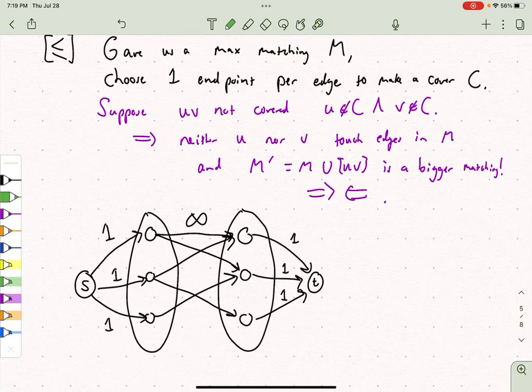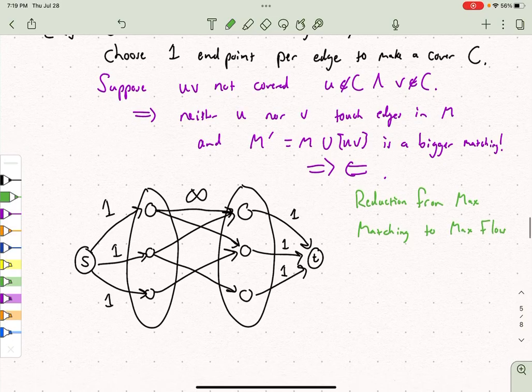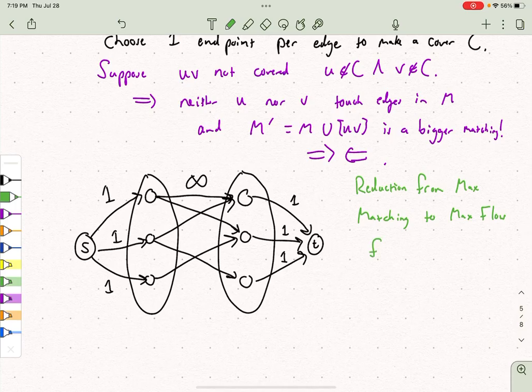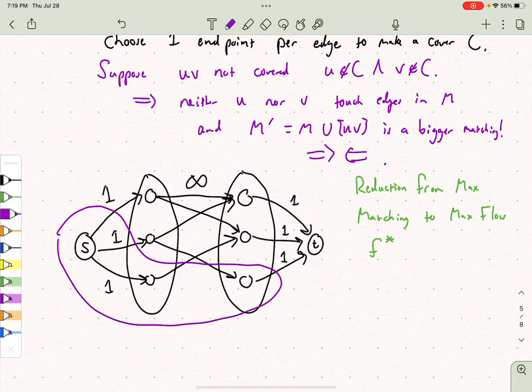All right, so this is the reduction from max matching to max flow. And we can compute some max flow F star, and we can compute the corresponding cut S and T. So the cut's going to look something like this, and then T is everything else.